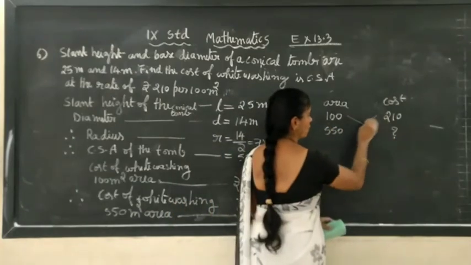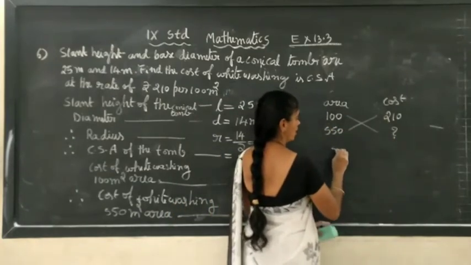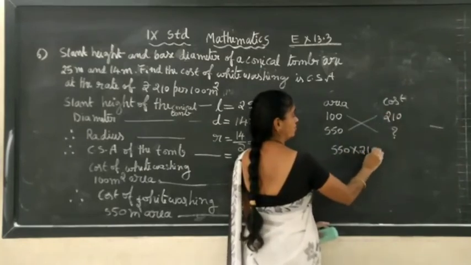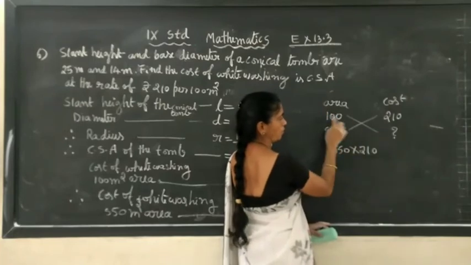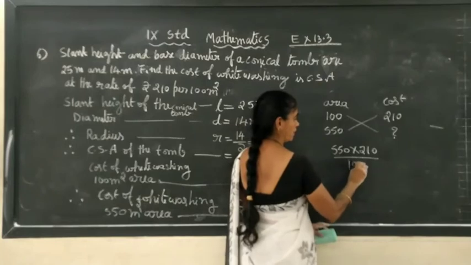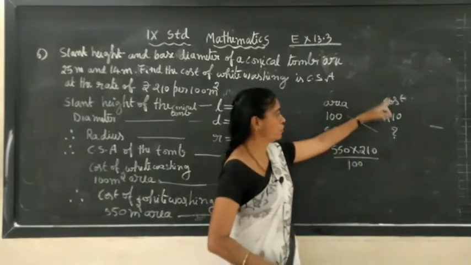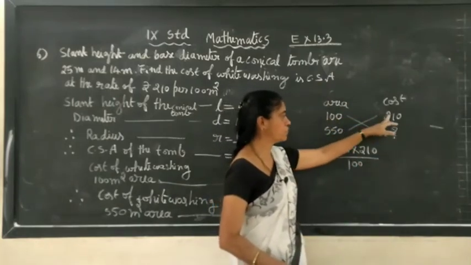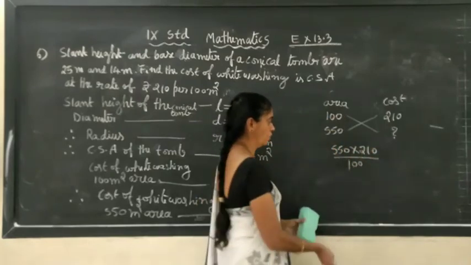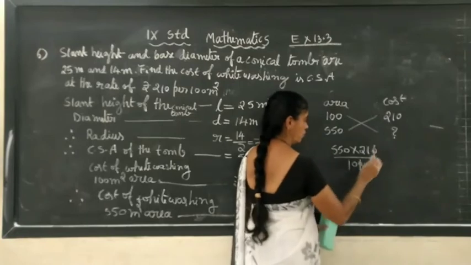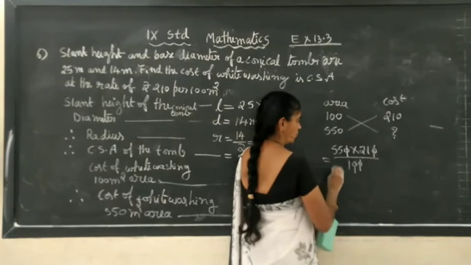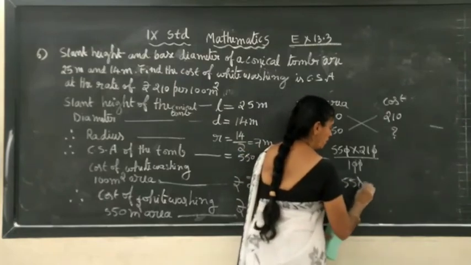So cross multiply these two: 550 into 210, divided by the single number. That is the rule: the two numbers you cross multiply go in the numerator, and you divide by the single number. Now cancel the zeros, so it is equal to 55 into 21.